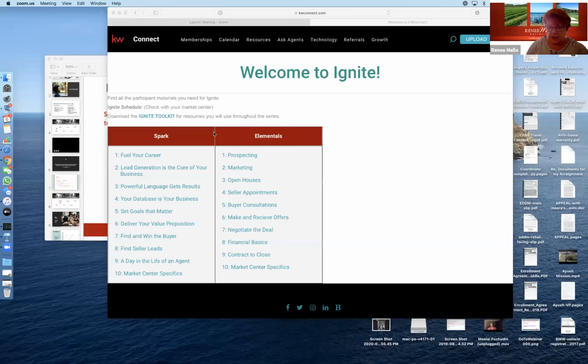And there are scripts about how to basically talk to people. It's in the toolkit? Yes, I believe it's in the toolkit. You can download the toolkit and that'll download everything for you.